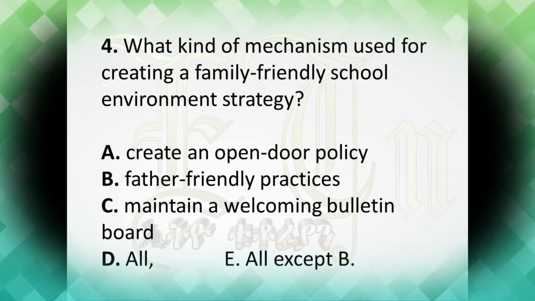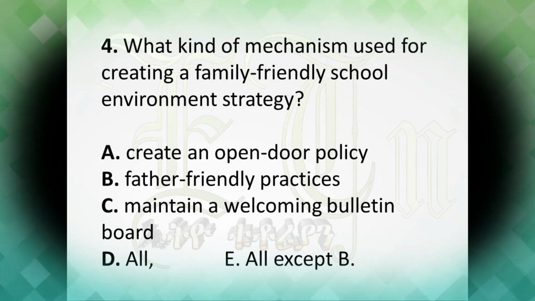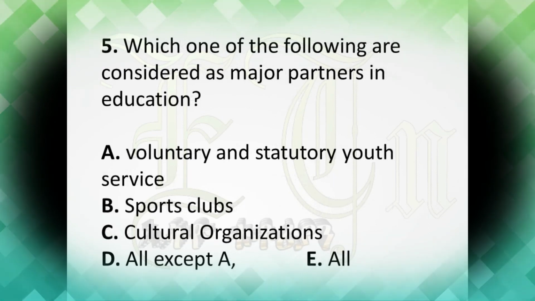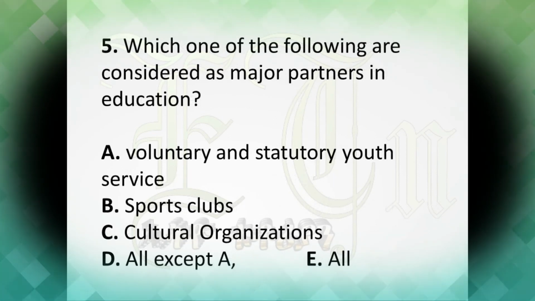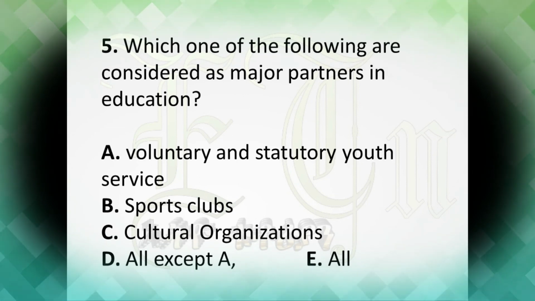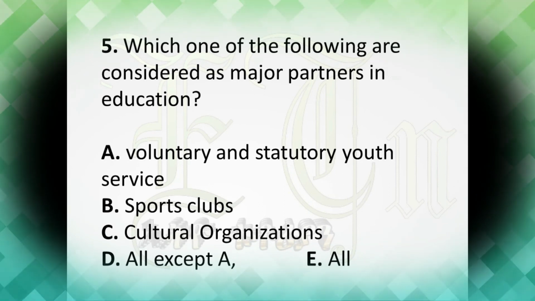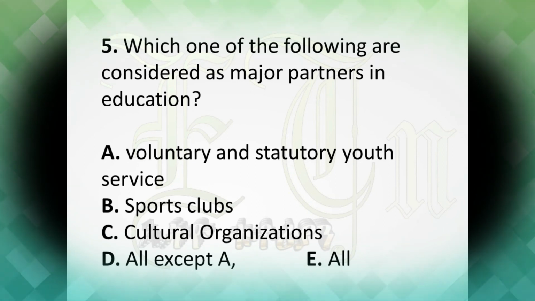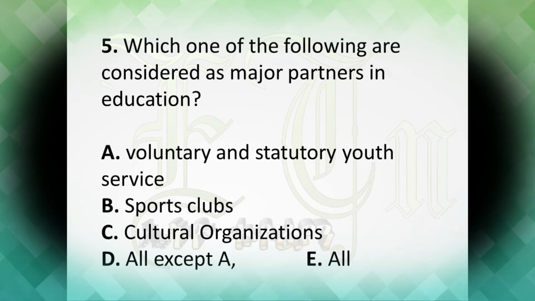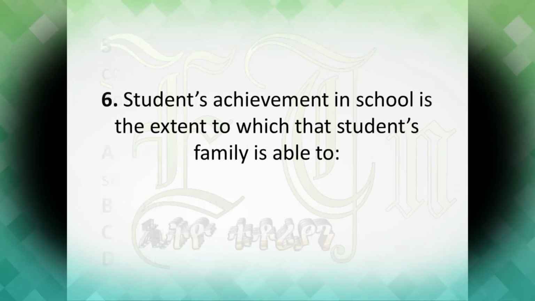A. Create an open-door policy, B. Father-friendly practices, C. Maintain a welcoming bulletin board, D. All except B. 5. Which one of the following are considered as major partners in education? A. Voluntary and statutory youth service, B. Sports clubs, C. Cultural organizations, D. All except A, E. All.